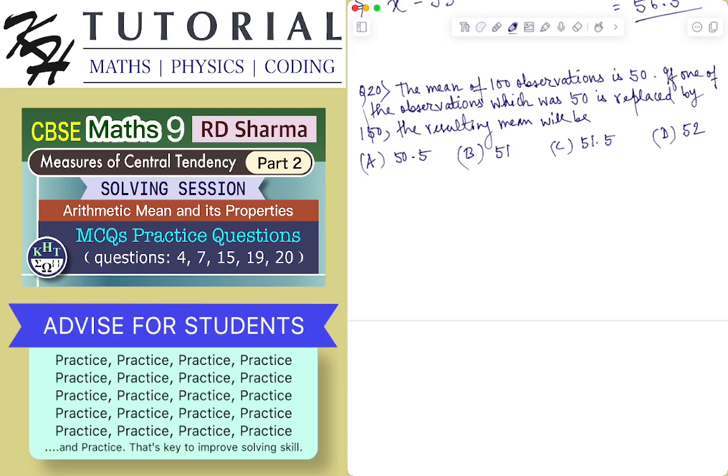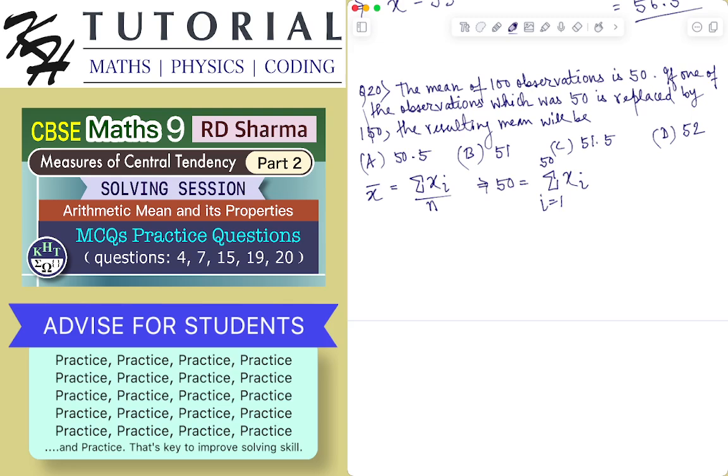Okay, so the mean of 100 observations is given to be 50. We know that x bar is equal to the sum of all the observations xi divided by n. So in this problem the mean is 50, so 50 is equal to sigma xi. Now while solving problems, many times we omit the range of i; if you mention that i is from 1 to 50, it gives more clarity, but sometimes we omit it.